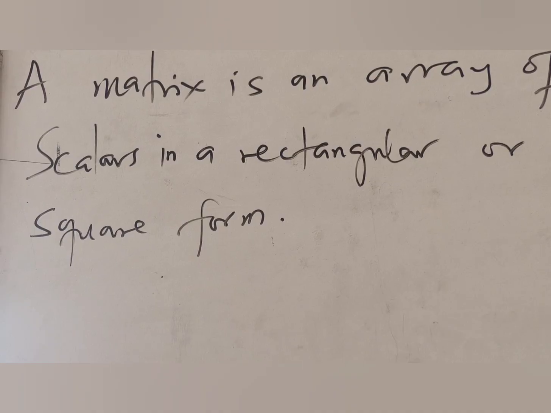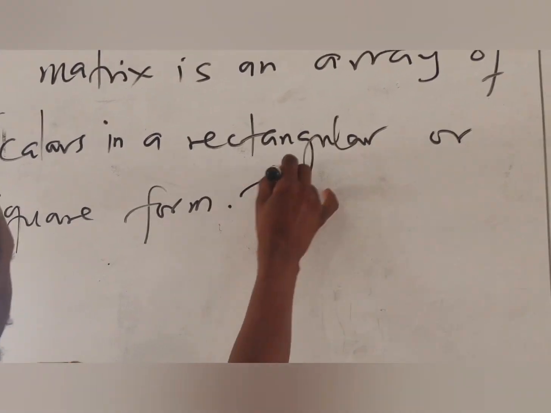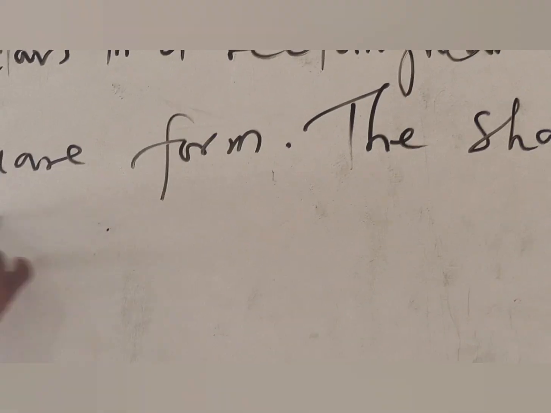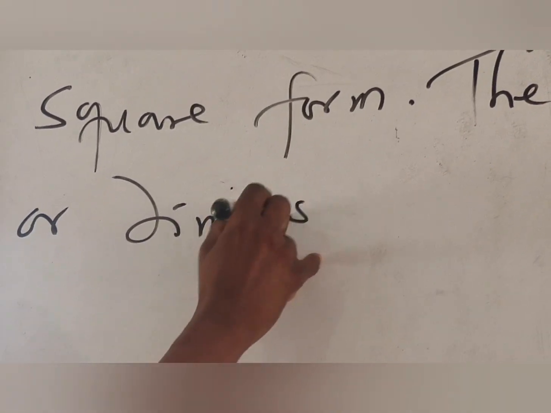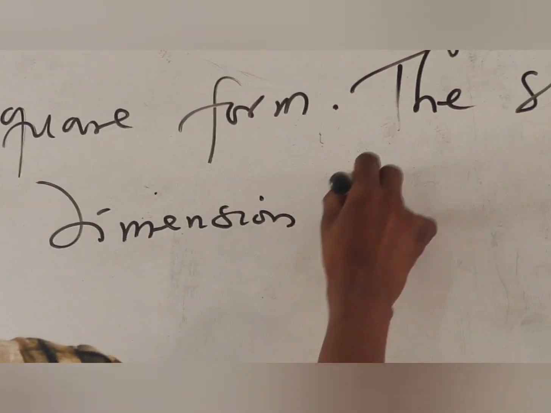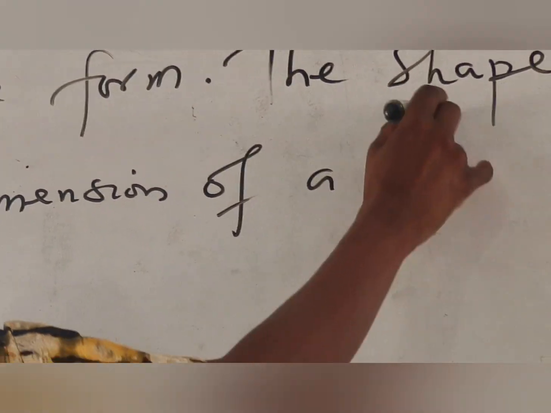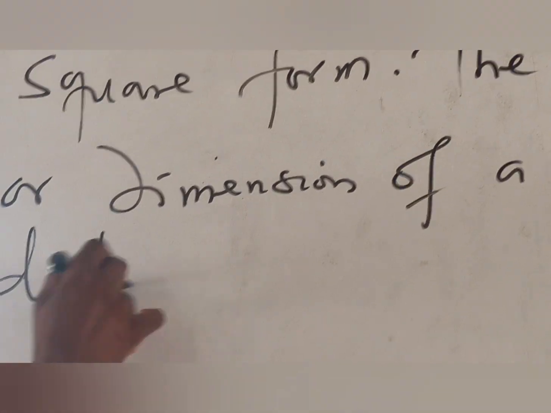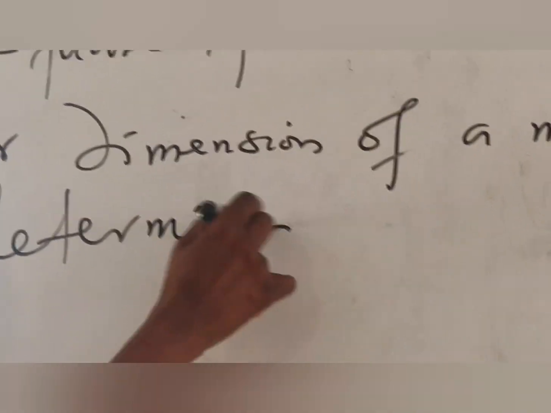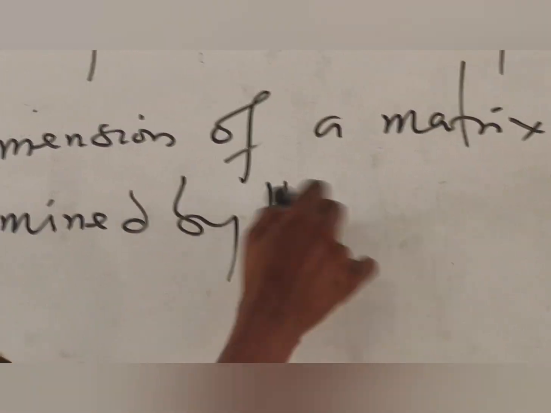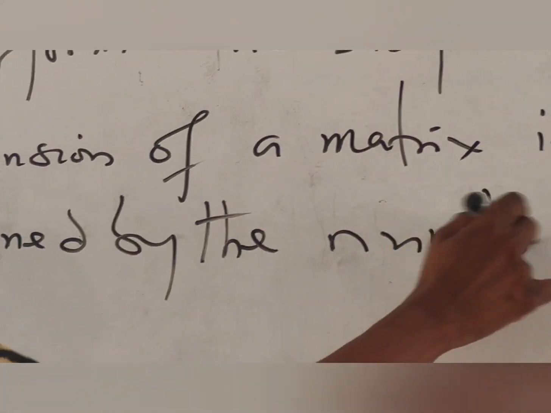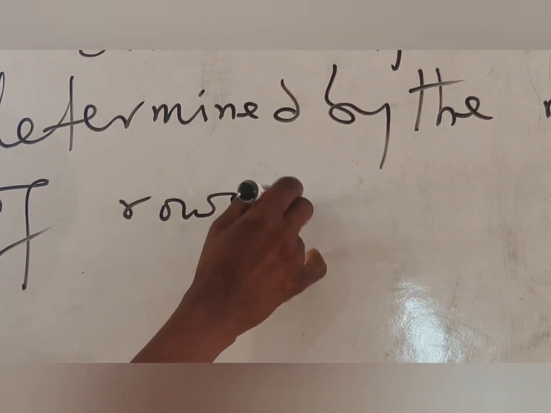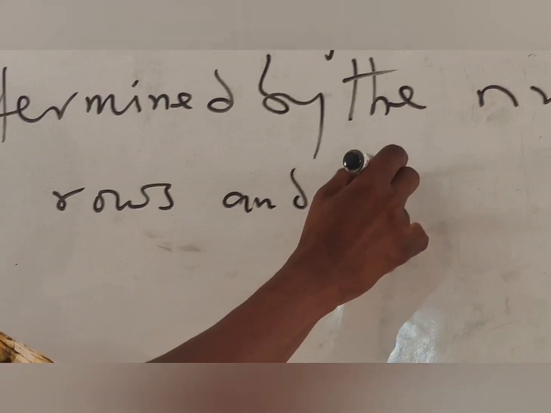The shape or dimension of a matrix is determined by the number of rows and the number of columns.